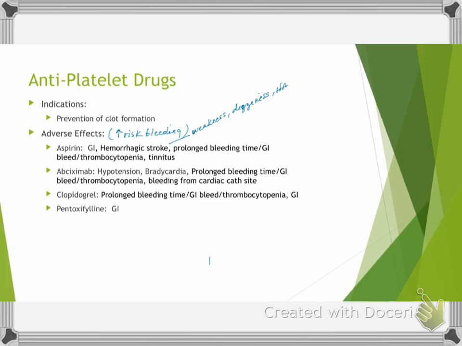The prolonged bleeding time could potentially cause GI bleed, thrombocytopenia, so we want to monitor for bleeding. And it can also cause tinnitus. So we want to monitor for any hearing loss. We need to stop the dose if it occurs.